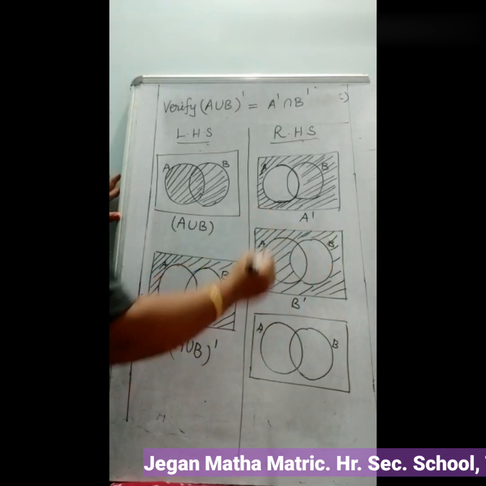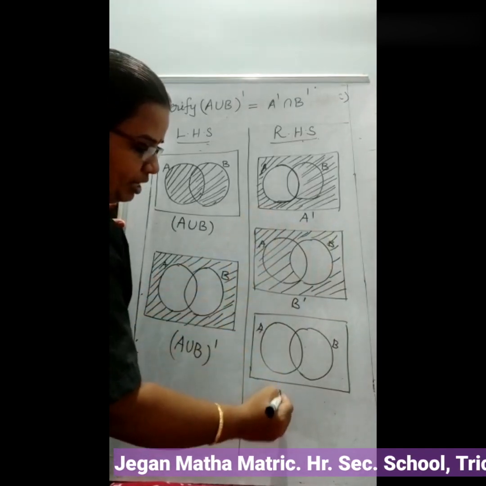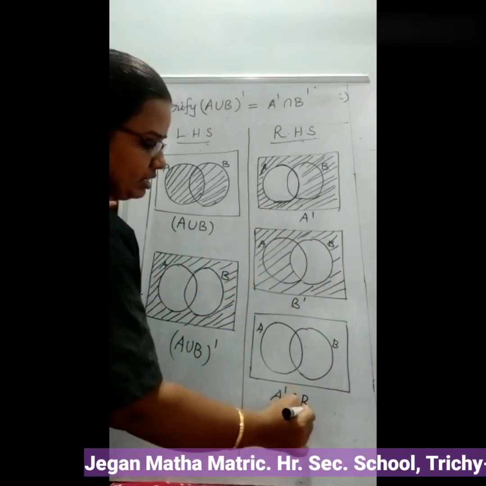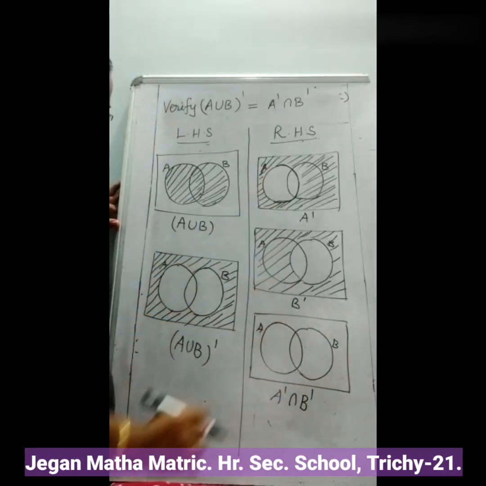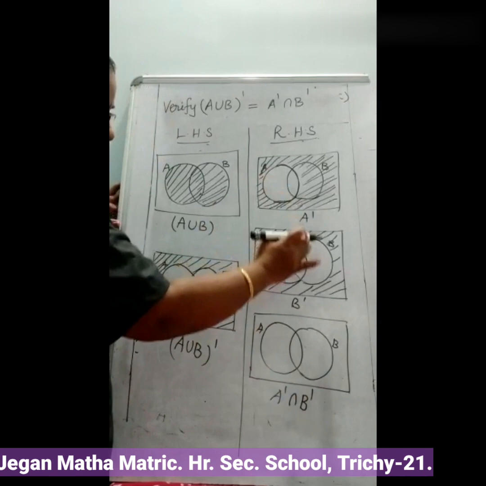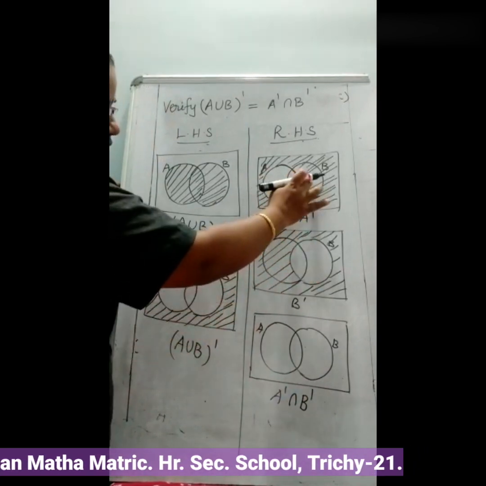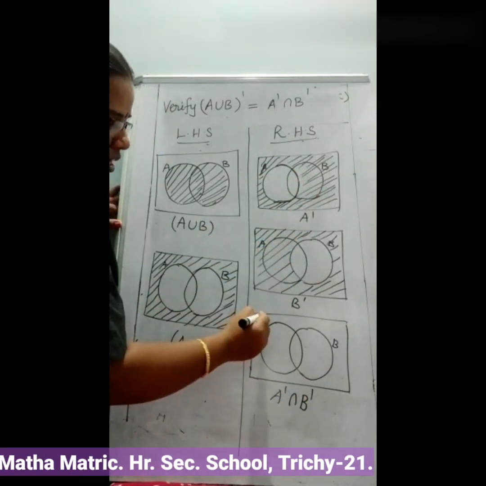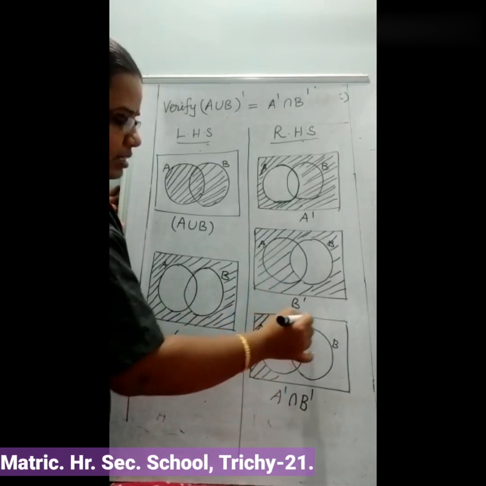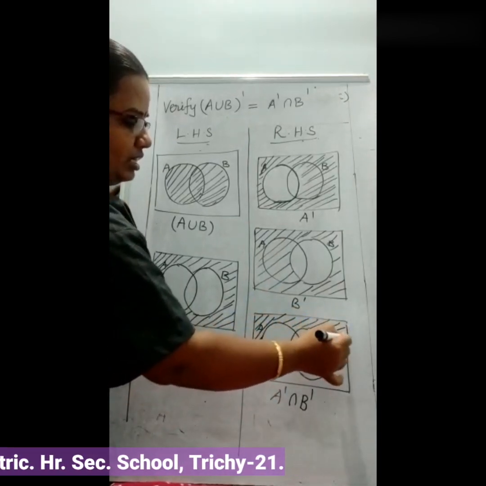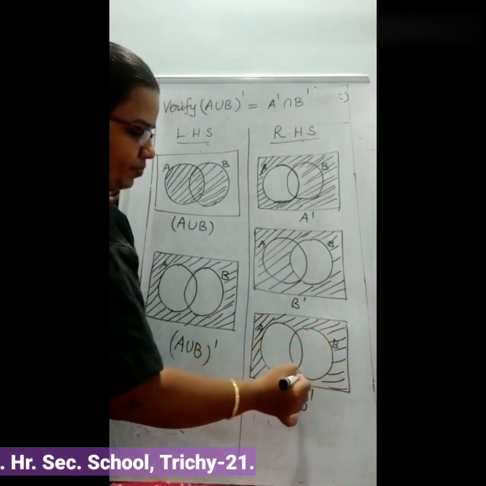And what is A dash intersection B dash? For these two diagrams, you have to take the common element, means this part and this part. Leave this part and this part. So the remaining part you have to shade like this. That is A dash intersection B dash.